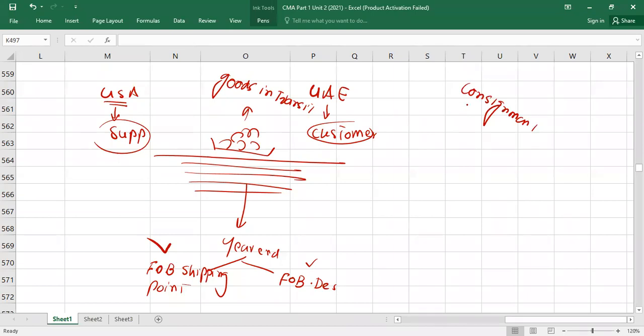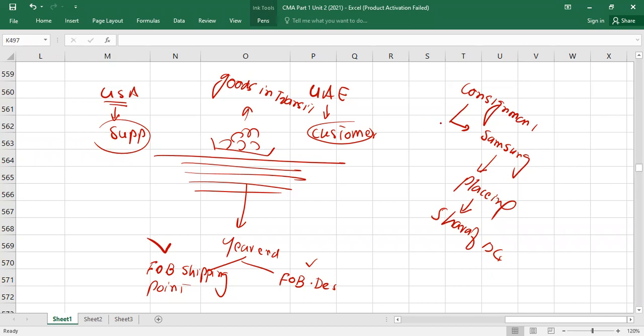Consignment is inventory which is held by a third party. For example, let's assume we have Samsung company placing their mobiles with Sharaf DG on a sale and return basis. I'm assuming Samsung is placing their product at the outlet, and Sharaf DG gets a commission for each sale.